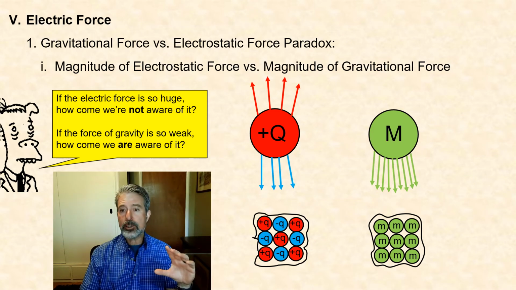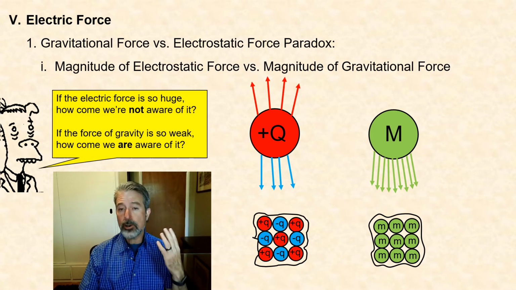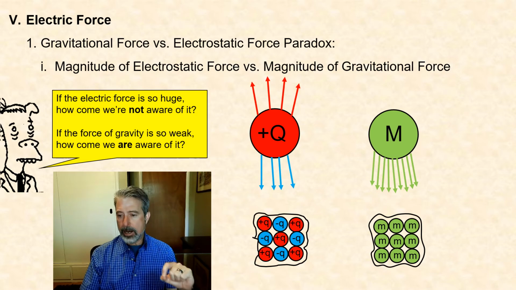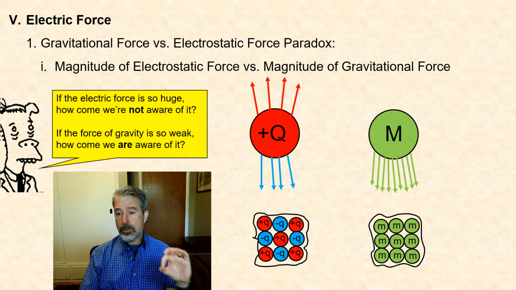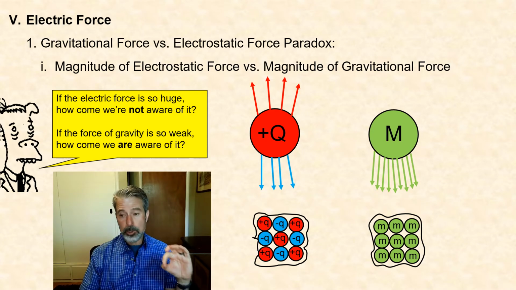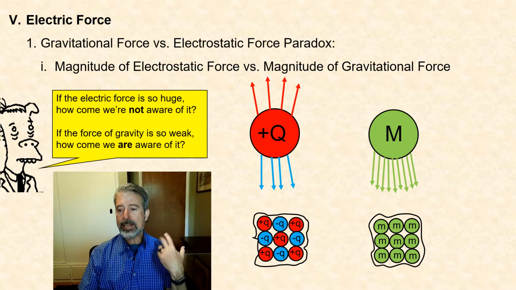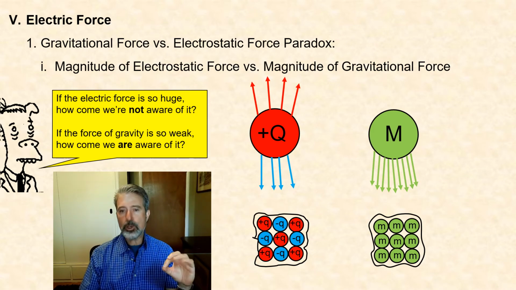Notice that in this case, there is no cancellation of forces, in which case there is a net force on that object. There is a noticeable net force. So even though each of these forces may be very small because gravitational force is very weak, the forces are additive. So cumulatively, there is a big effect.